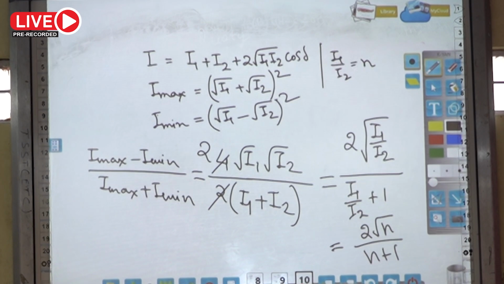For a normal human eye, the far distance of distinct vision is infinity and near distance is 25 centimeter. So the far distance has to be corrected, which comes to 400, we have to send it to infinity. So that means myopia correction is required.